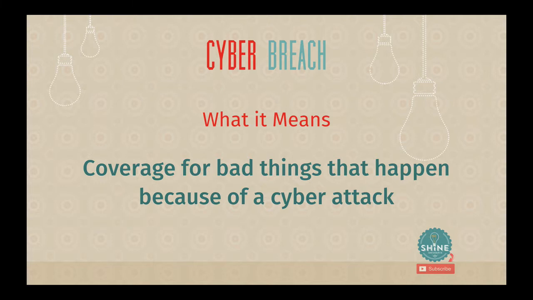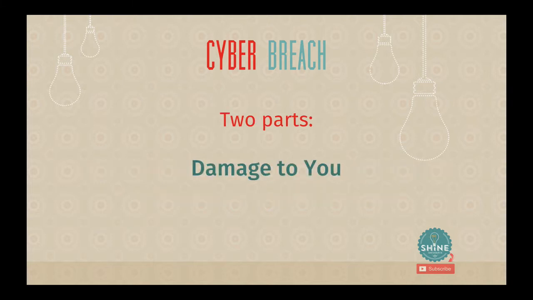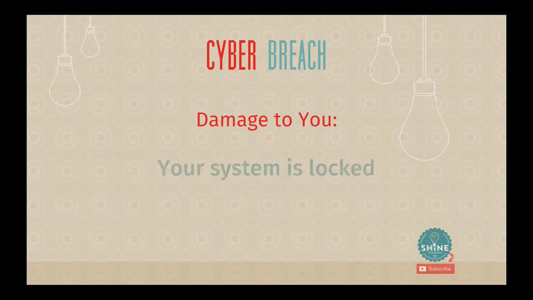There's a whole slew of bad things that can happen in that situation, and a good cyber insurance policy is going to be set up to deal with all of those. I'm not going to go into super big detail on this video, but I'm going to break down basically the two parts of cyber breach coverage. So basically there is damage to you or your stuff, and then there's damage to others and their stuff. So let's look at both of those.